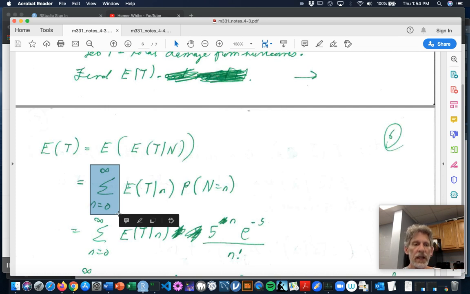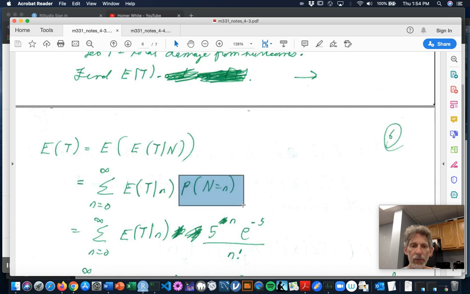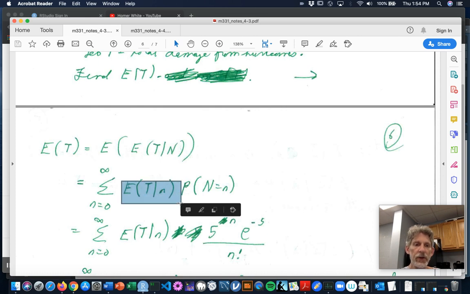So I sum with little n going from 0 to infinity. I've got to have the probability that capital N is little n out here. And inside, by the definition of expected value, I've got the different possible expected values: the expected value of T given that capital N is little n. That's what I stick in there.